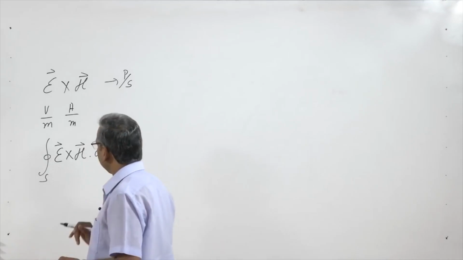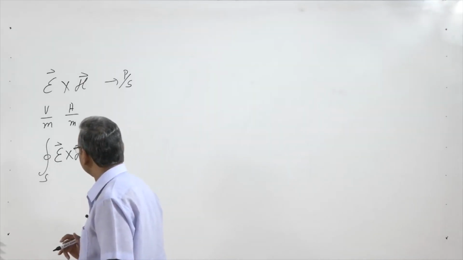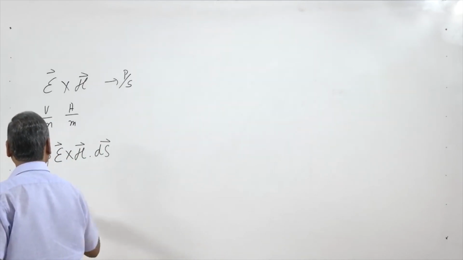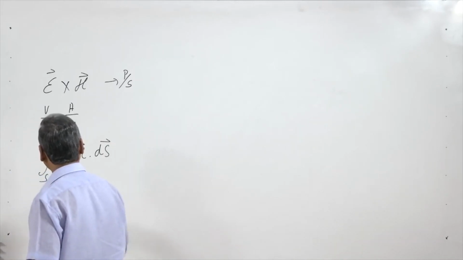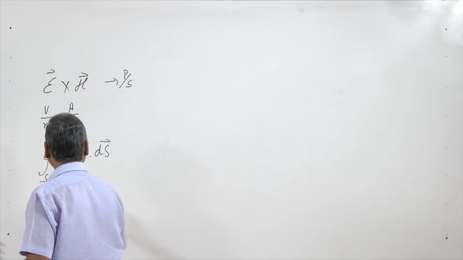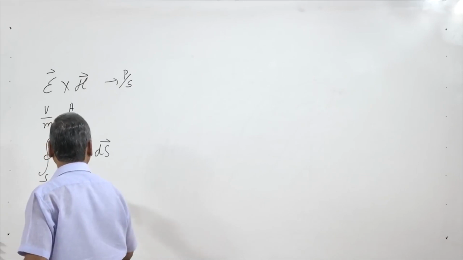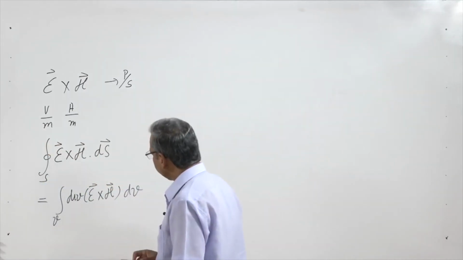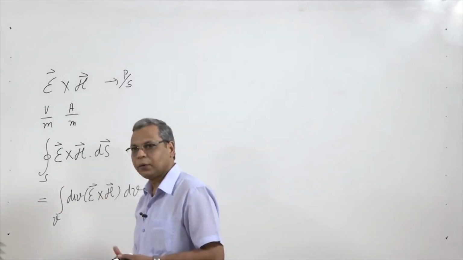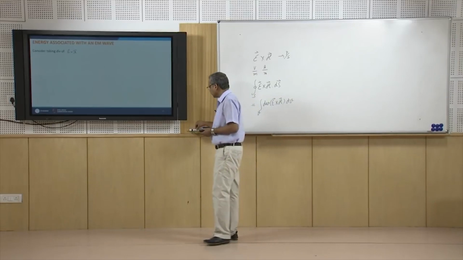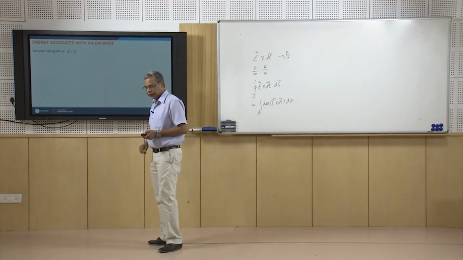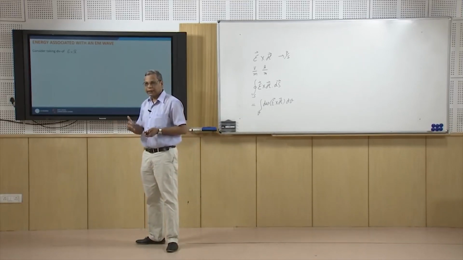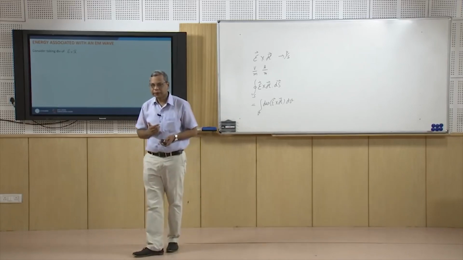This E cross H dot dS, from the divergence theorem, I know is equal to the integral over the whole volume V, enclosed by this surface, of the divergence of E cross H dV. V is the volume. So, this basically will give me the power flowing out. That is why I consider taking the divergence of E cross H and see, by using Maxwell's equations, whether it really represents the power or not.